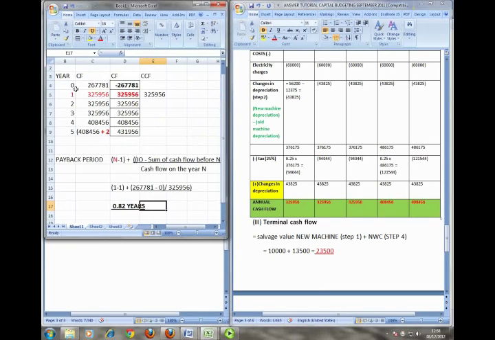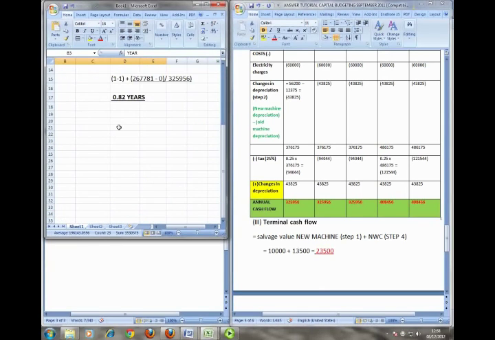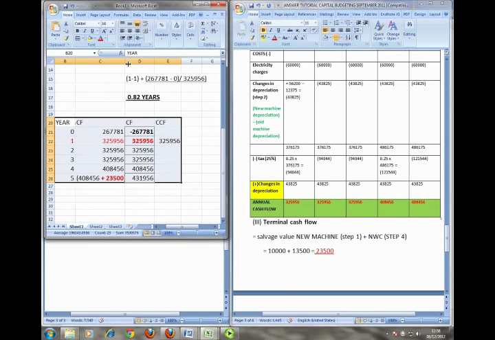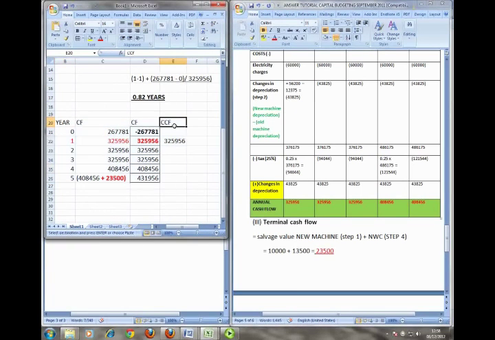Okay, class. How to calculate NPV? Remember, you have to use the present value interest factor, PVIF.